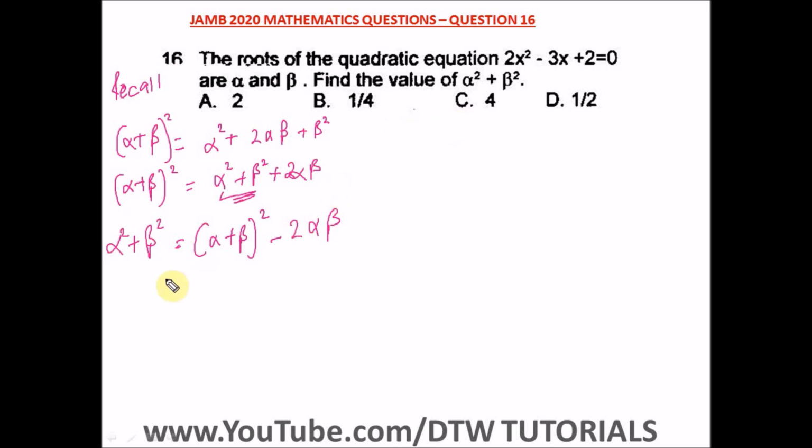So let's do another recalling. If you recall that alpha beta is equals to C over A. And what's our C here? Our C here is 2. And what's our A? Our A here is also 2.